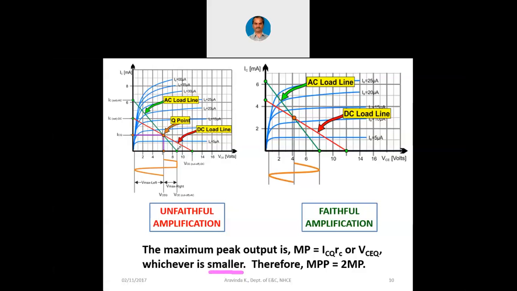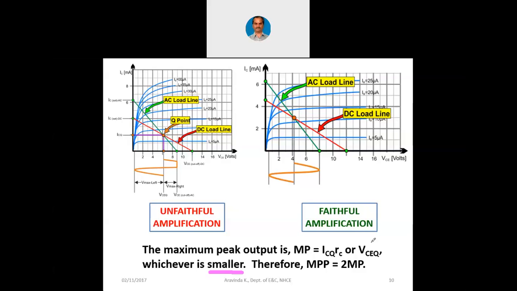Why? Because the AC load line's slope is different from the DC load line, and you can see we are having a limitation for the output amplitude. So, the peak output MP, maximum peak, is either ICQ into RC or VCEQ, whichever is smaller.